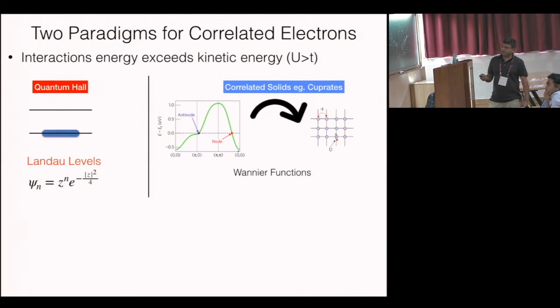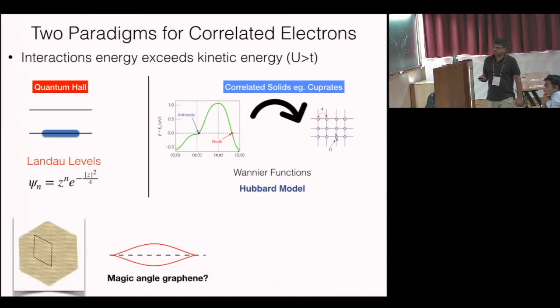And you have an advantage because the interactions are all local in real space, so you can figure out what's going on and go to the Mott limit. You write down a Hubbard model like we heard in the last talk and try to analyze that. The question is, which of these two limits should we really apply to magic angle graphene? That's what we've been struggling with.